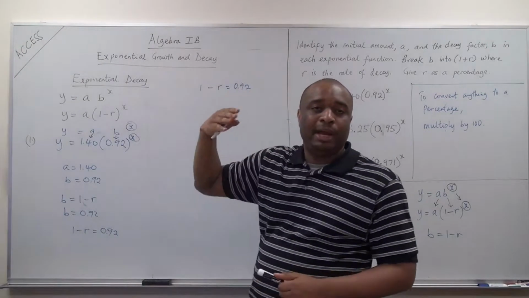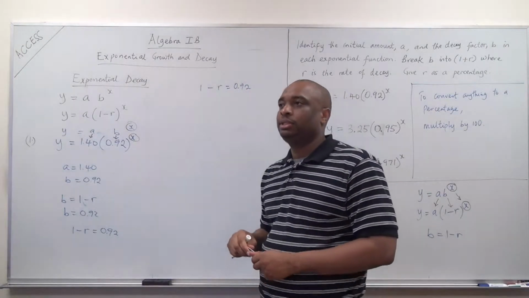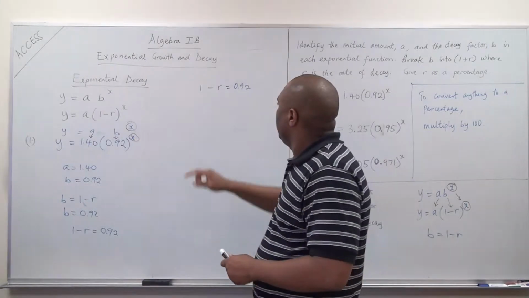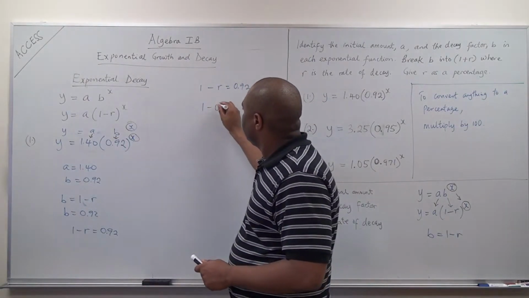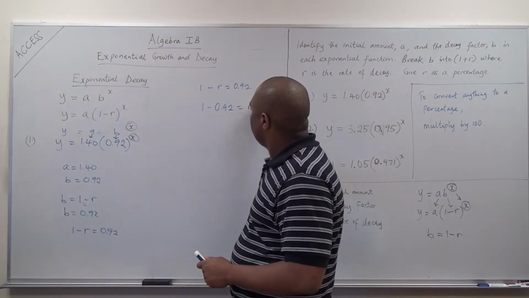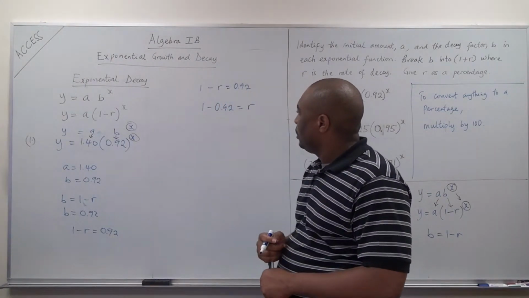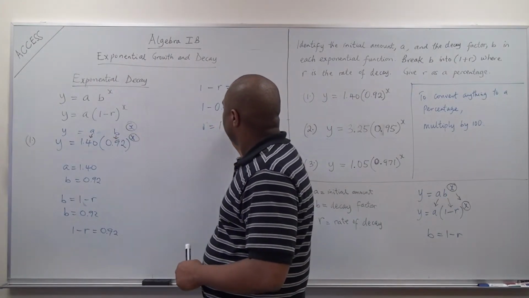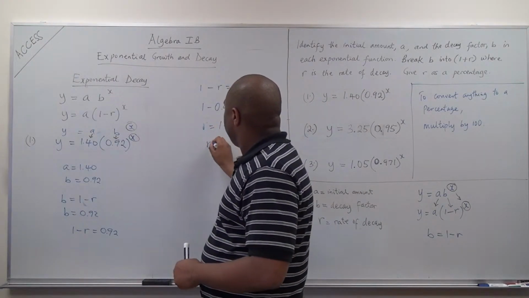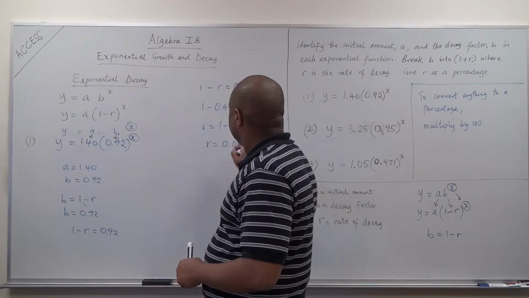Of course, if you view my videos on linear equations, you will understand what I'm saying. You move this over here and you move this over here. So this is 1 minus 0.92 equal to R. And of course, you can rearrange it. R is 1 minus 0.92 and R should be 0.08.